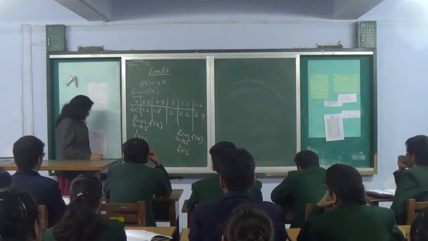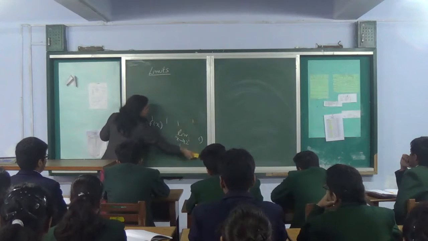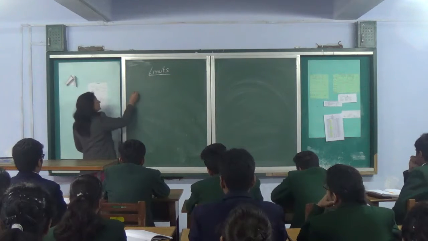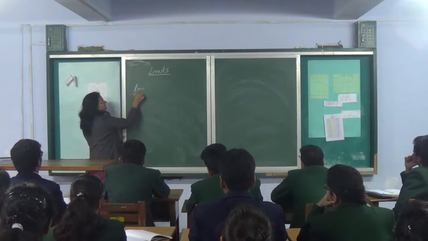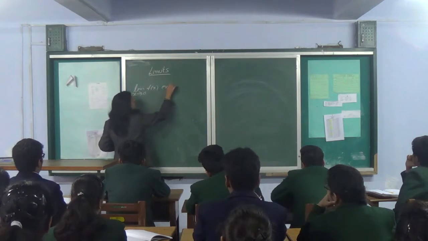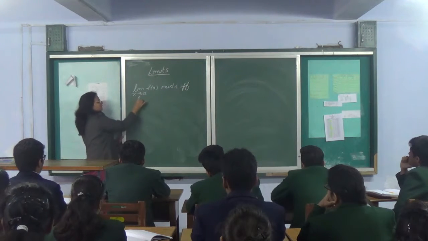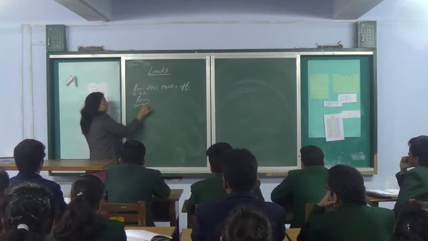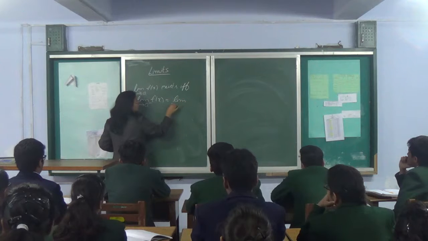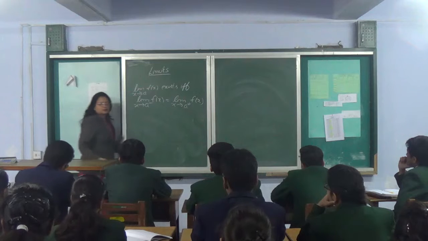Now using this, we can say when the limit of the function will exist. So limit x tending to a f(x) exists if and only if limit x tending to a minus f(x) is equal to limit x tending to a plus f(x).